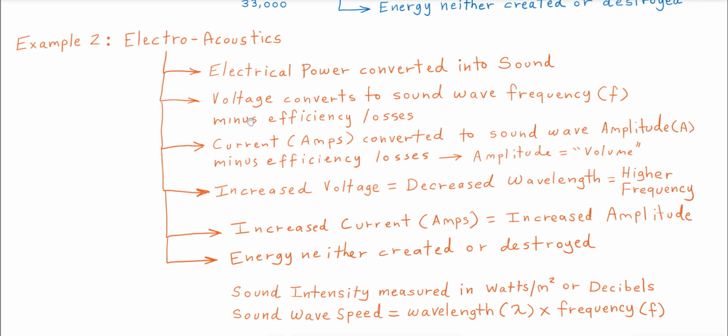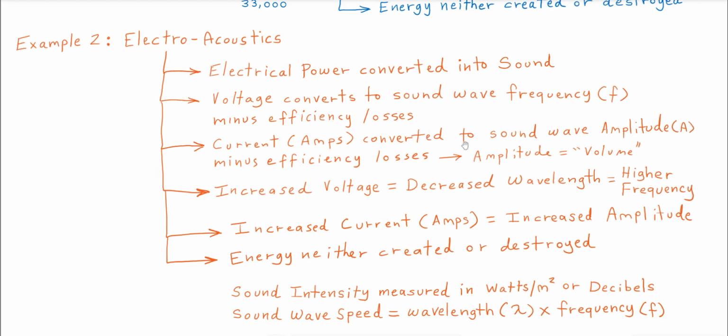So the voltage that goes into the amplifier converts to the sound wave frequency, so how many cycles per second, minus the efficiency losses, of course, and then the current that goes into the amplifier converts into the sound wave amplitude, or the peaks and valleys, or the crests and troughs of the wave, how high and low the amplitudes will project.